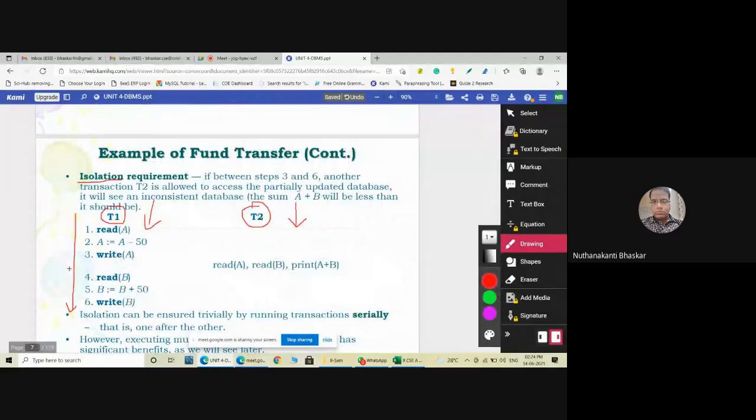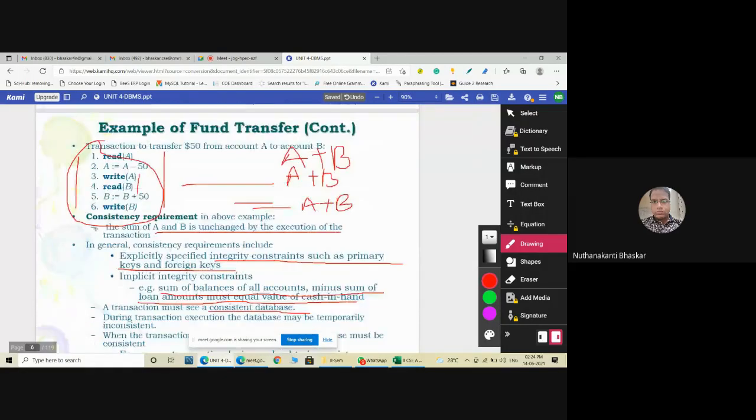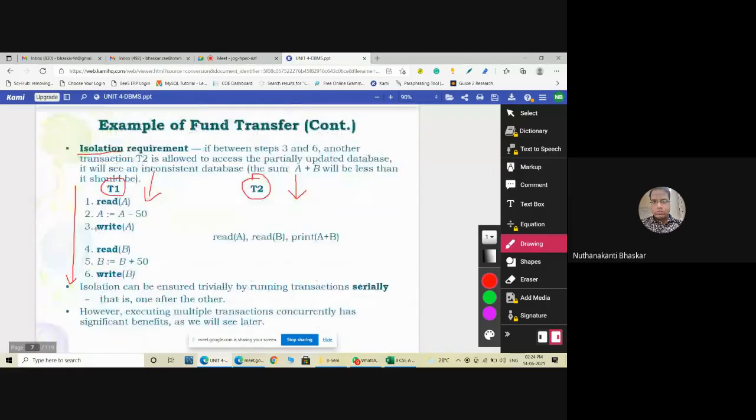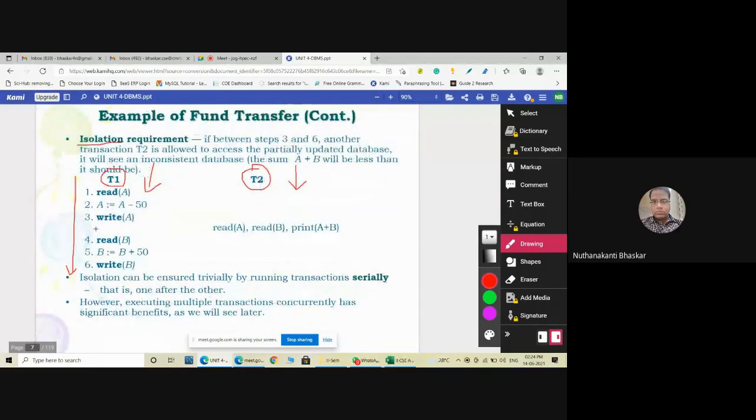If there are many transactions, they must execute in an isolated way so that we can achieve consistency. If all transactions in your database work in isolation, you indirectly achieve consistency because they are not disturbing other transactions.